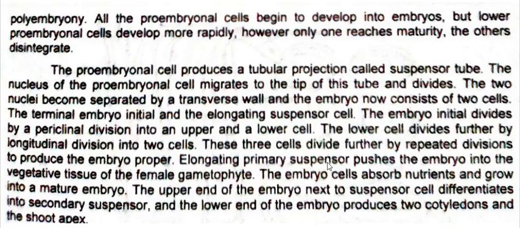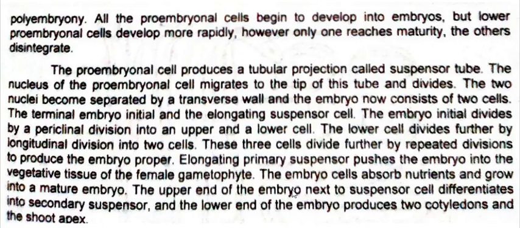Due to the production of this elongating primary suspensor, it pushes the embryo into the vegetative tissue of the female gametophyte, and the embryo cells absorb nutrients and grow into a mature embryo.